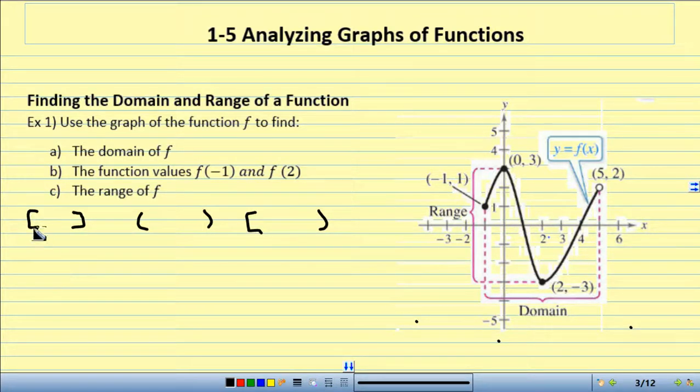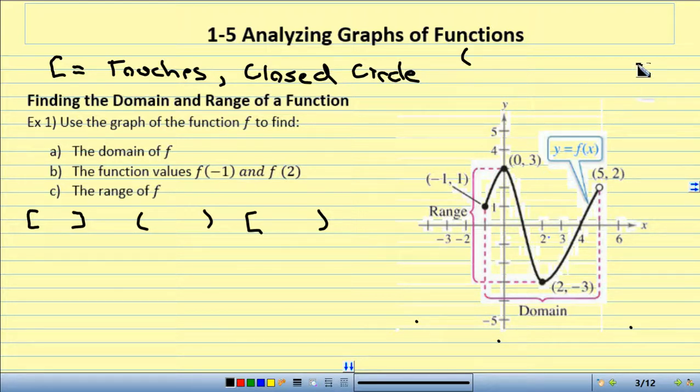Now, brackets, and I'll put that right up here. Brackets means it touches, or it also means closed circle.